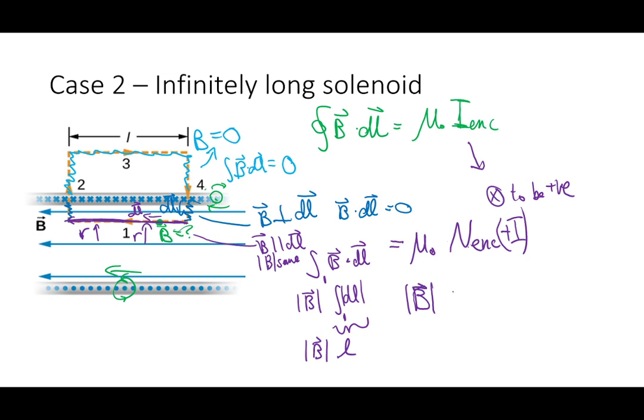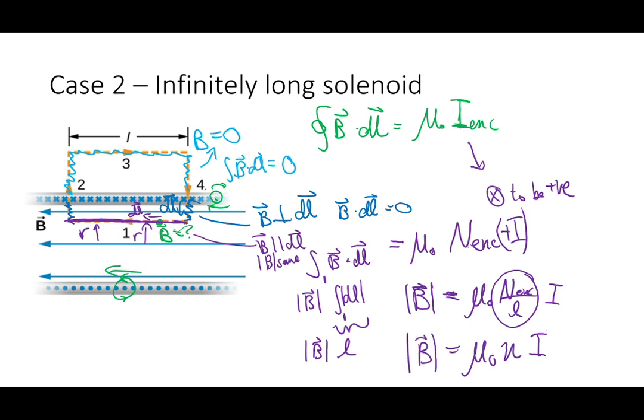So the magnetic field that you have is the number enclosed divided by L times I. And this here is exactly the same as your loop density because you're enclosing so many loops per so much length.